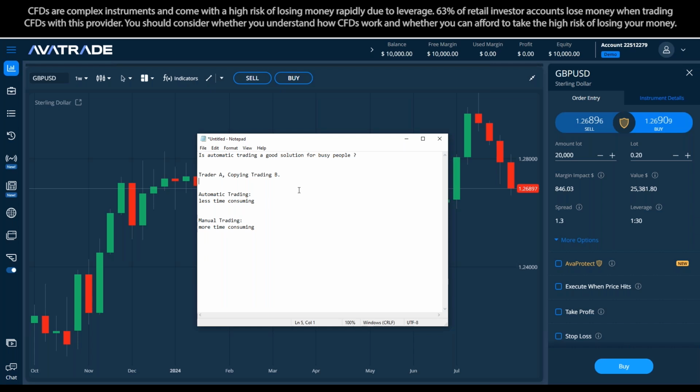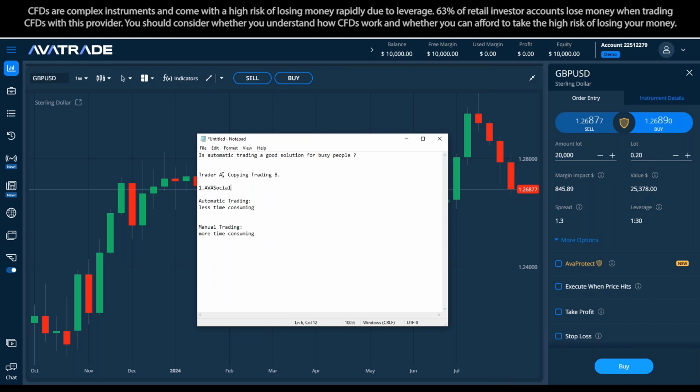There are systems like AvaSocial, as an example, that allow you to adjust the difference between the person that you're copying and you, to adjust the difference in lot size and the proportions so it would make sense.